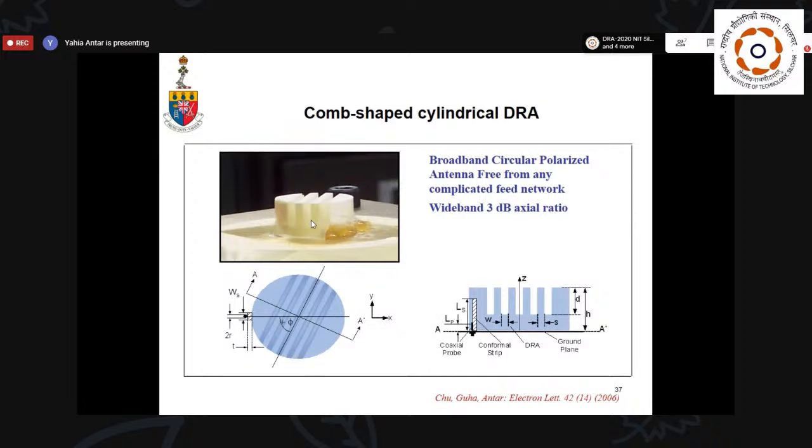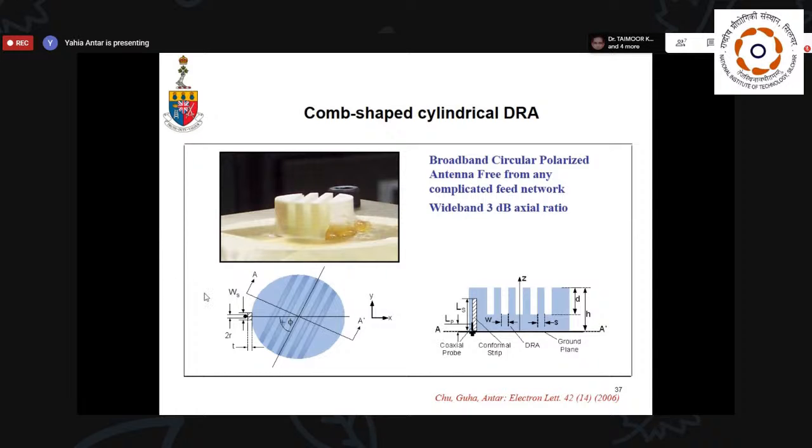This is the configuration that I was talking about, and this is to basically get circular polarization. The idea here was that by doing this shape, you can actually change the field structure, and you have two modes that are orthogonal and can produce circular polarization.